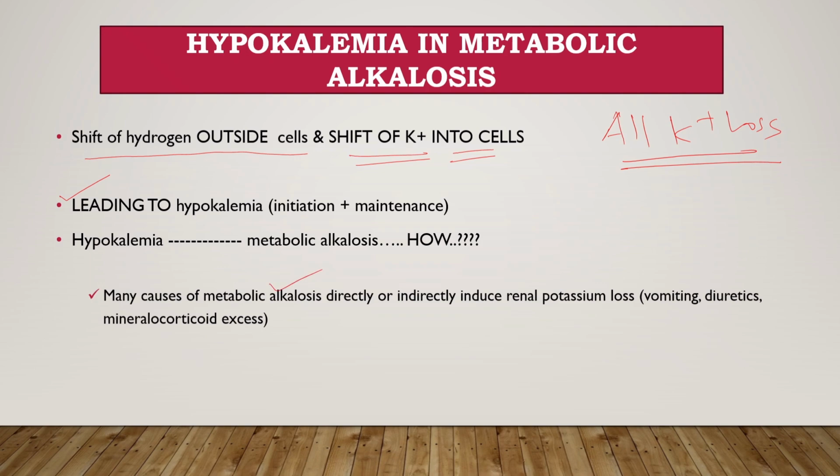Metabolic alkalosis can directly or indirectly induce renal potassium loss. So either it can shift the potassium into the cells or it can cause a renal potassium loss, through vomiting, use of diuretics, and mineralocorticoid excess. That is how potassium loss occurs in metabolic alkalosis.